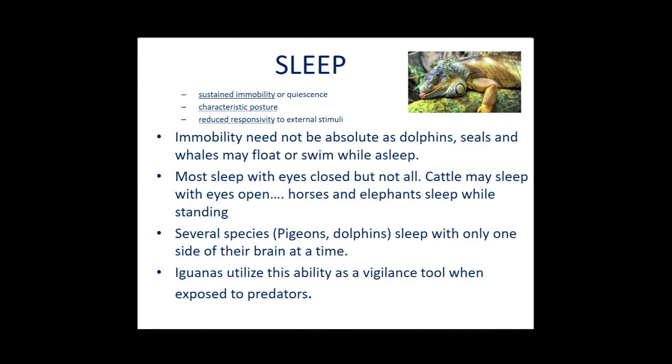So if you put them in 2 plastic boxes, the iguanas on one side and a snake on the other side, they'll line up, and the wake side will be towards the snake, and their sleep side will be away from the snake. And when their sleep is satisfied on that side, they'll turn around and do the opposite thing until their sleep is satisfied. If you take away the snake, both sides of the brain sleep.